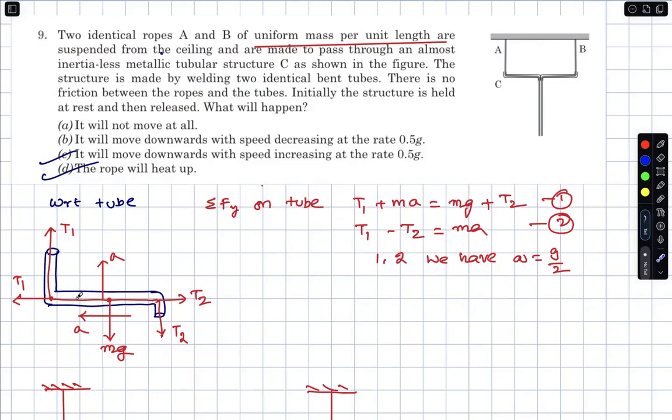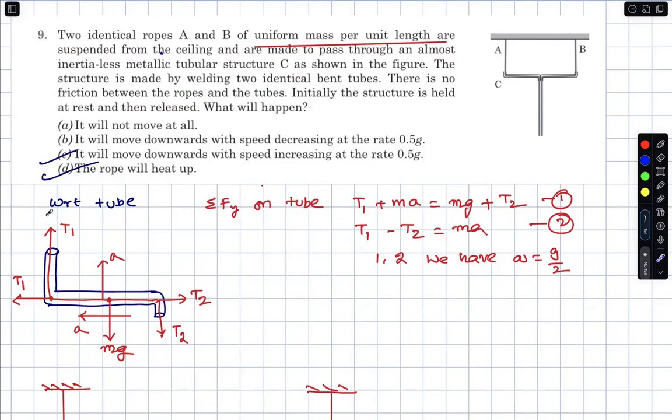That you agreed, right? Next, how do you know that the rope will have a leftward acceleration? Superman. That's why I like you people. You should think in that way. See, when the tube has gone down by some x distance, the same amount of rope is going up in the reference frame attached to this.